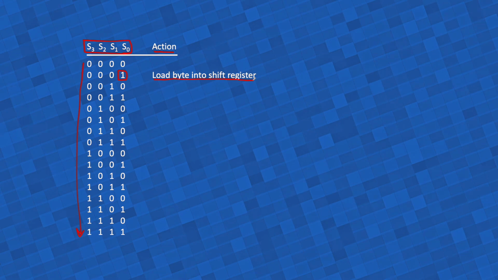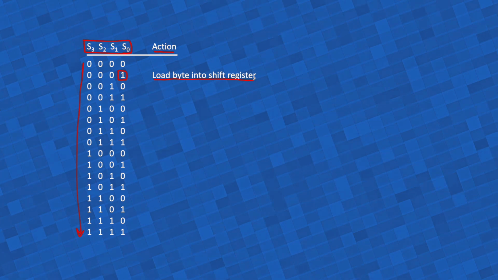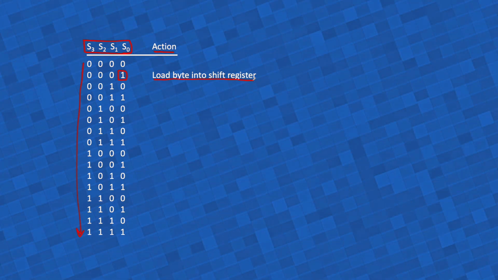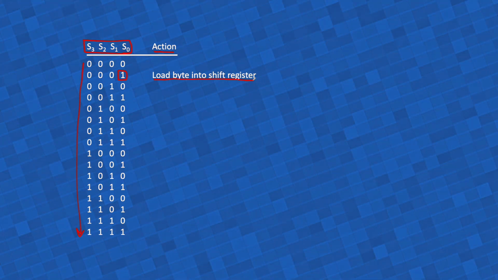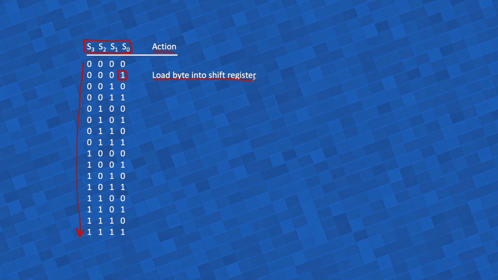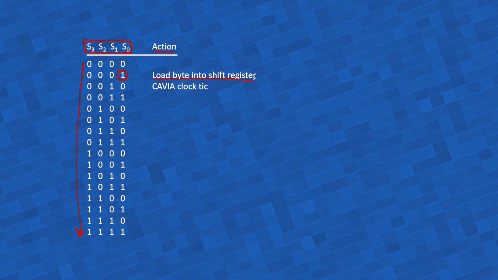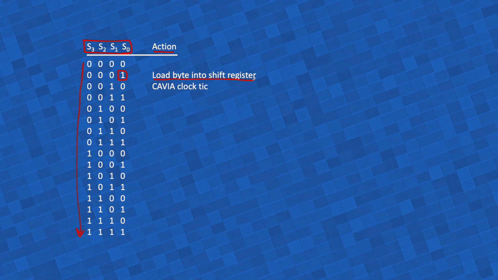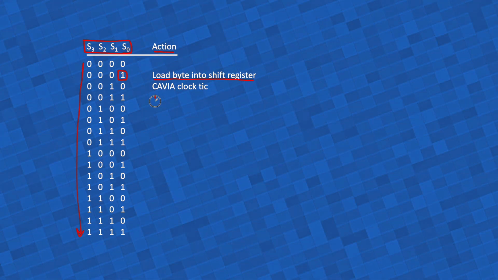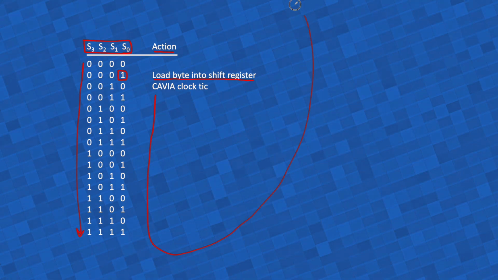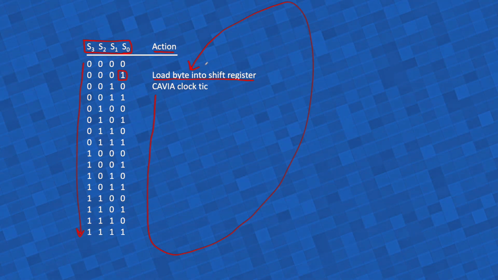Now, in order to give our system as much time as possible between the time that an address is presented to the video memory and a byte is latched into the shift register, the natural next thing to do immediately after we load the byte into the shift register and we secure that byte is to do a Cavia clock tick, because then Cavia will present the next address to the video memory, and we will have all this time here before the system loops back to load the next corresponding byte into the shift register.